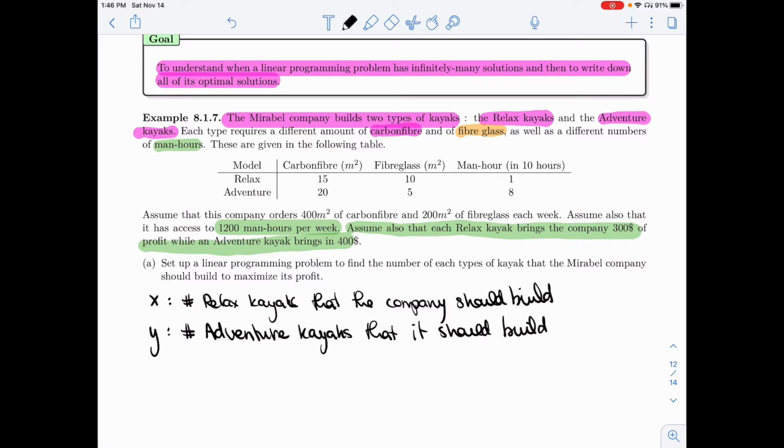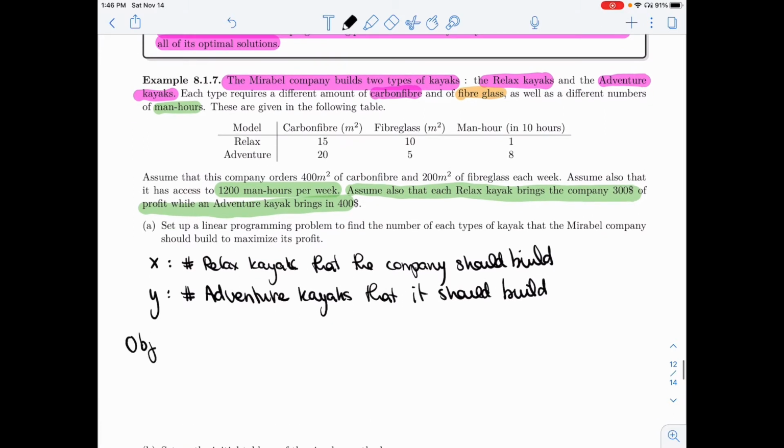We want to maximize the profit, so the objective function, the function that we're trying to maximize, is P. We're getting 400 for each adventure and 300 for each relaxed, so P is 300 times the number of relaxed, plus 400 times the number of adventure: P = 300x + 400y.